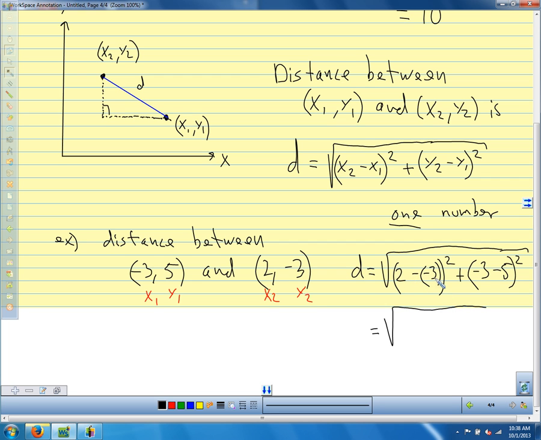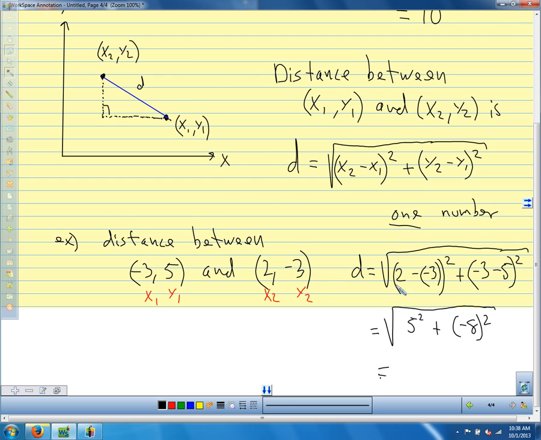So 2 minus negative 3 is, a negative and a negative makes a positive, so this is 5 squared. I'm going to leave it written that way. Plus negative 3 minus 5 is negative 8, squared.